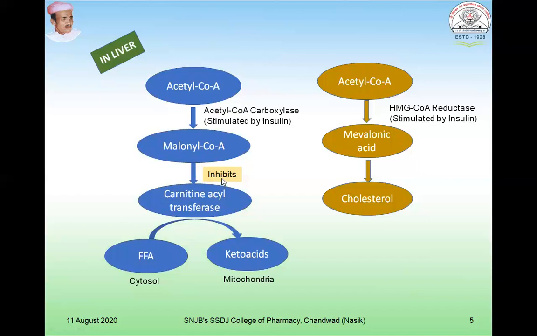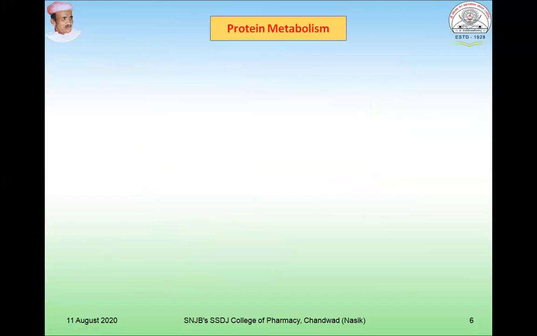Now here, this conversion of acetyl-CoA to carnitine acyl-CoA is a rate limiting step. So it inhibits this step and allows the conversion to free fatty acid. In the liver, insulin also stimulates HMG-CoA reductase, thereby acetyl-CoA to mevalonic acid is formed and there is a deposition of the cholesterol. So it allows the formation of cholesterol in the liver.